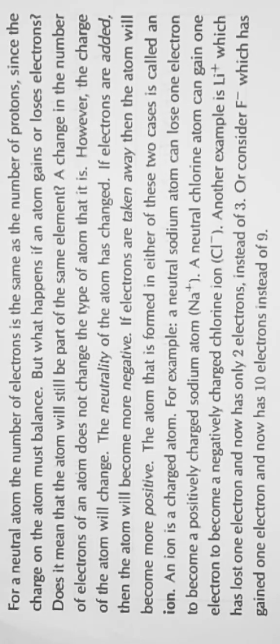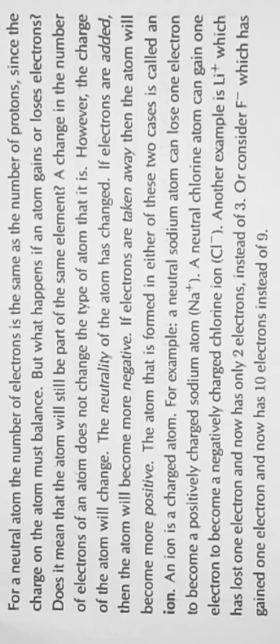Or consider fluorine, which has gained 1 electron and now has 10 electrons instead of 9. So you have to understand that if an atom loses or gains an electron, the element stays the same, but the charge will change.